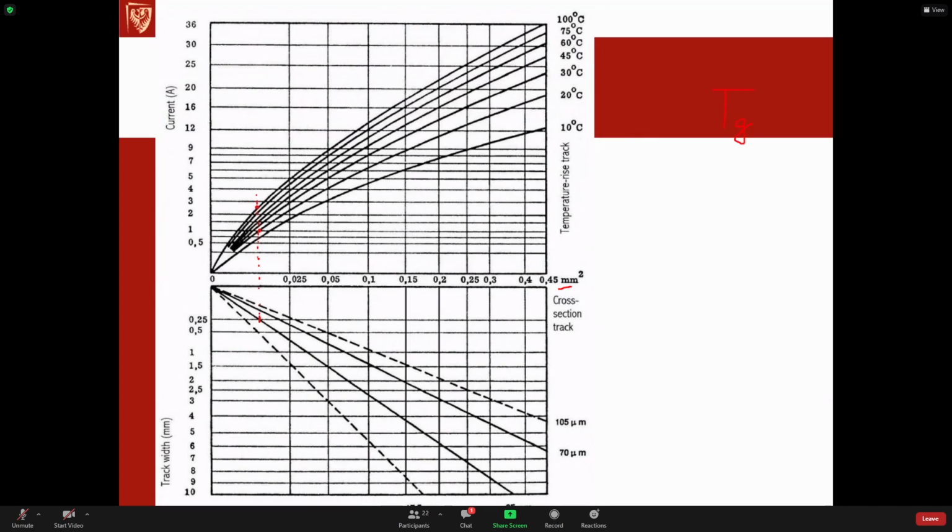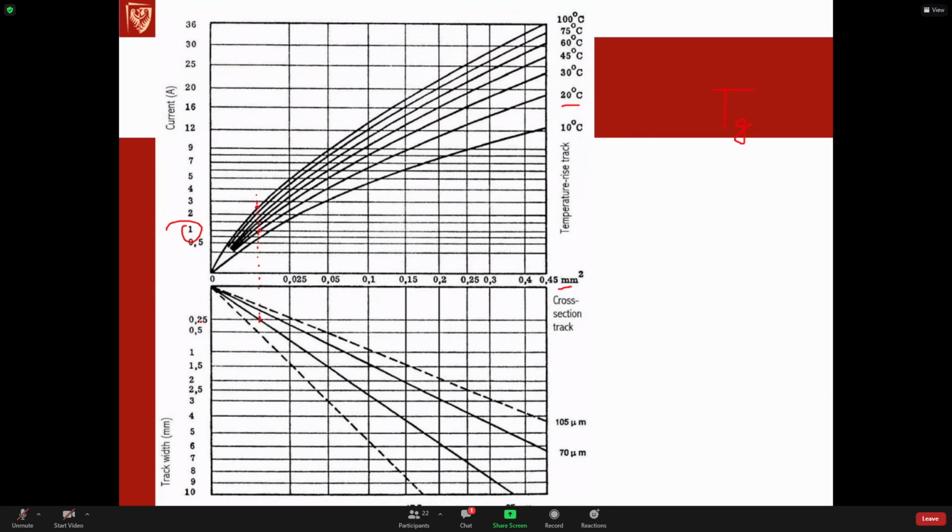But still, from a 20 degrees rise, we still have quite a long way to the TG value. And what about the 20 degrees? At 20 degrees, the 10 mils track can convey about 1 amp. So about 1 amp we can use, of course, at a 20 degrees rise of the track.